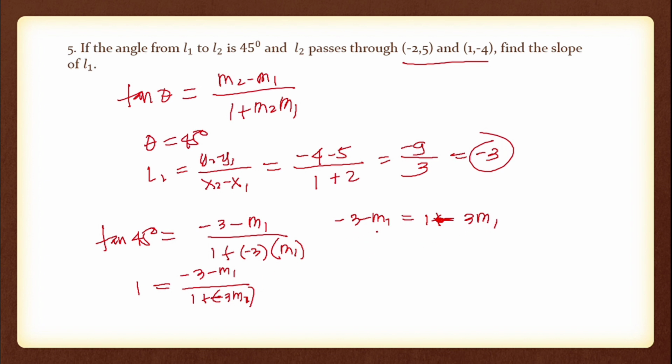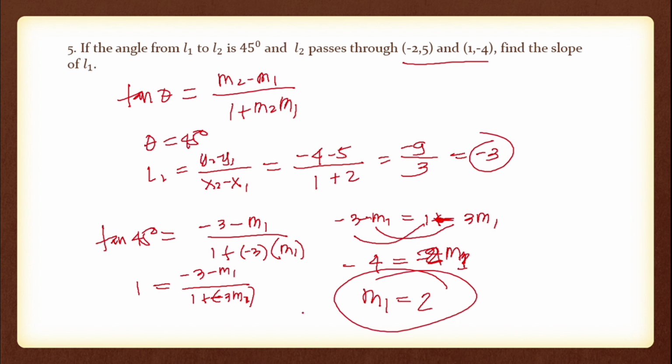If we combine here, we have negative 4 is equal to, rather this is negative 2 m1. So negative divided by negative, m1 is equal to 2. So the slope of the first line is 2.